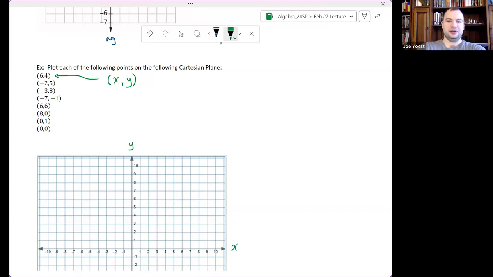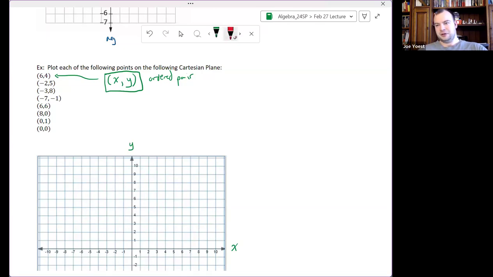Now, unfortunately, we denote this, what we call an ordered pair, using parentheses and a comma. And unfortunately, that looks the same as interval notation.